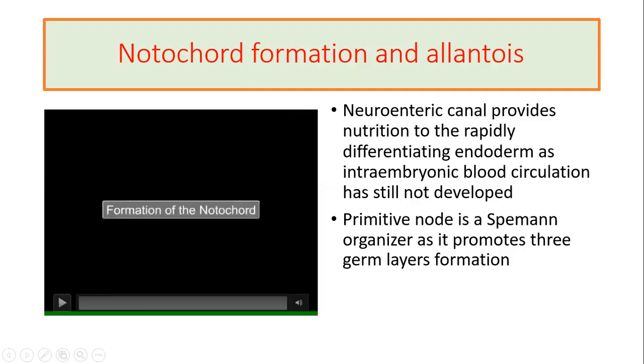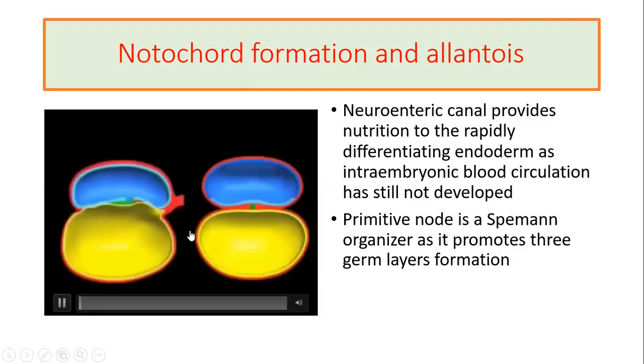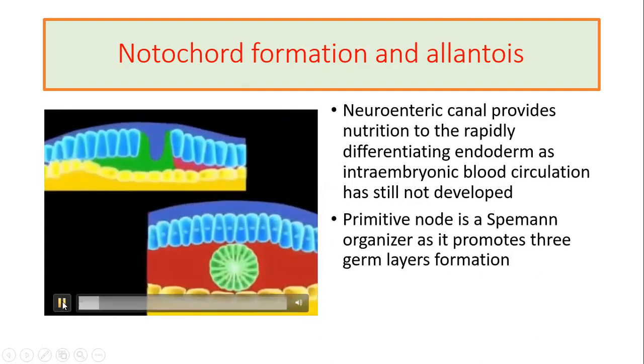Now, how was the notochord formed? This is a brief video about how the notochord was formed. So now the trilaminar germ disc has been formed. This is the primitive pit. This is the cut section at this stage. Now some of the cells of the mesoderm which are entering earlier will form a notochordal process.